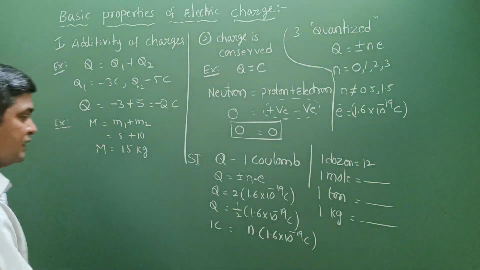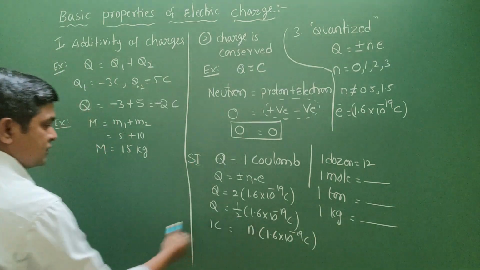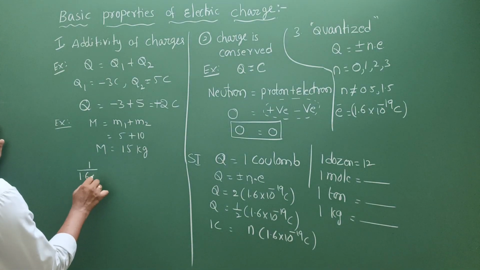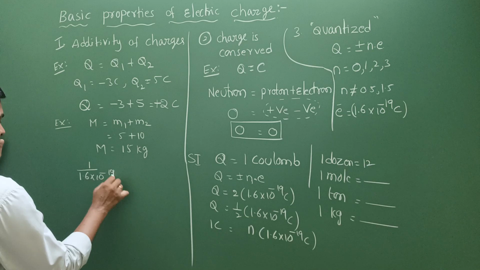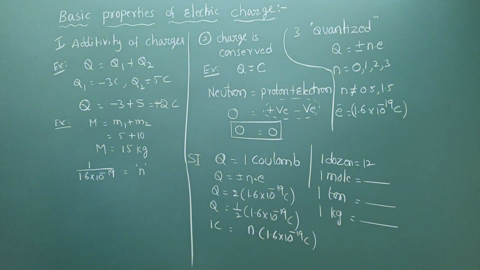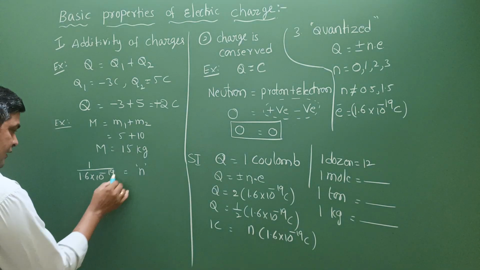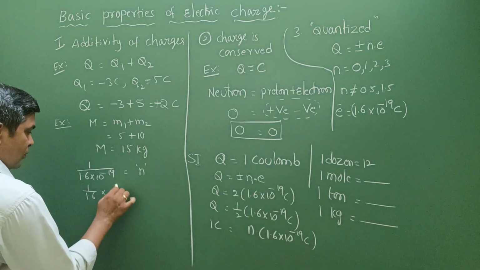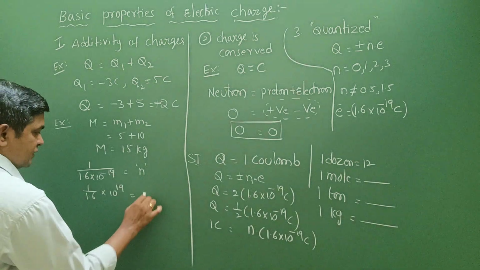So that you can easily calculate. See this, 1 by 1.6 into 10 to the power of minus 19 equals n, the number of electrons. So simply 1 by 1.6 into 10 to the power of 19 equals n.